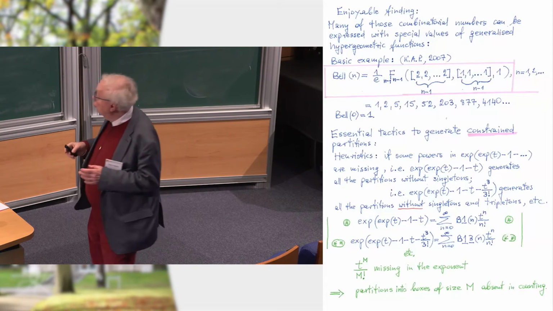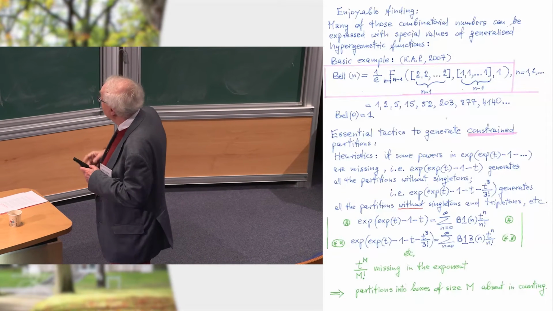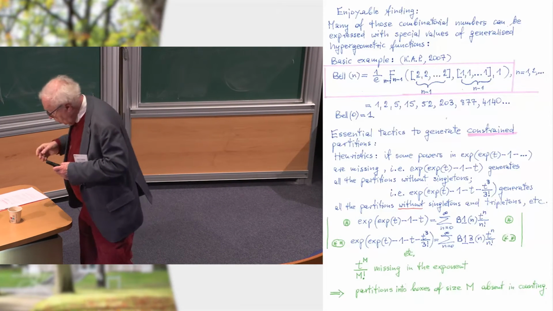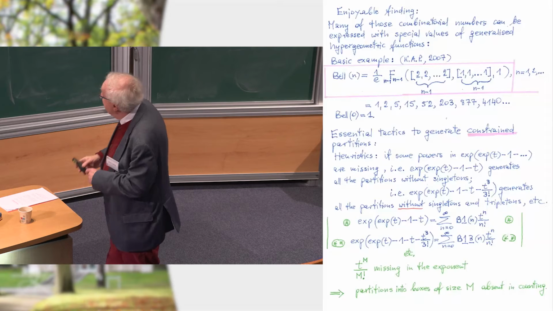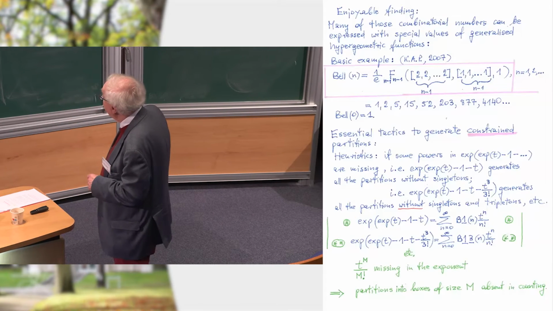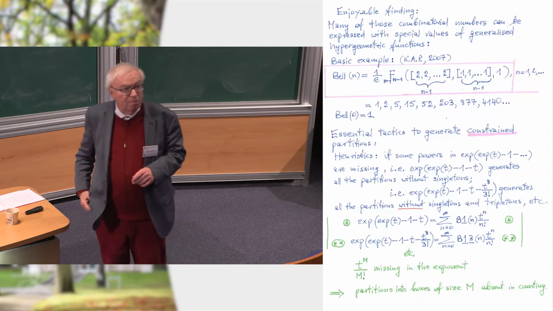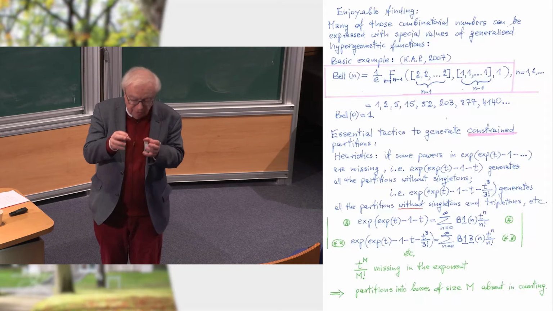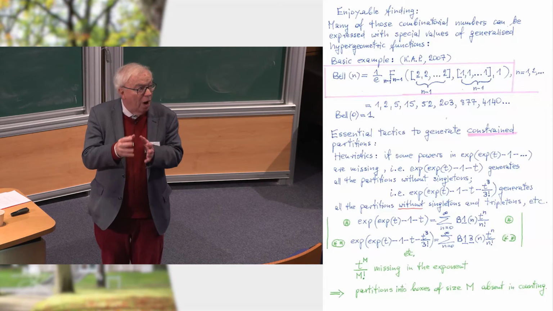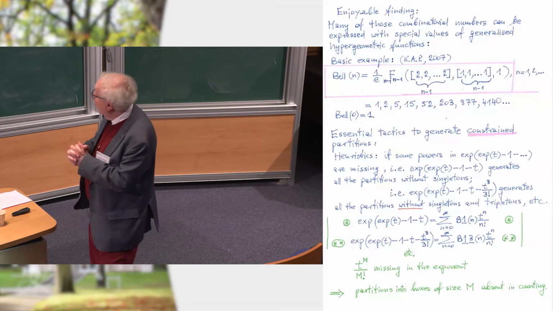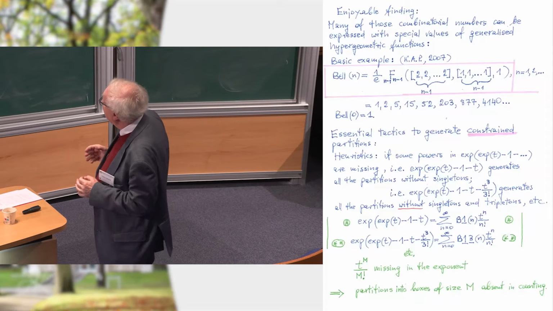And I will explain with one example here, and I will follow with other examples. So imagine that you do not have singletons in your partition. So you don't have boxes which contain one object. So how does it translate into the generating function?